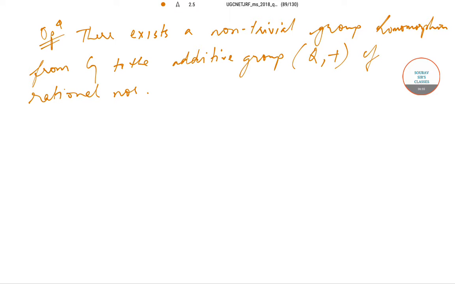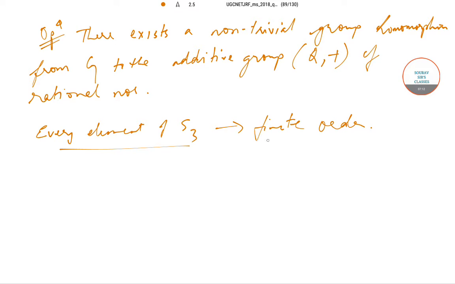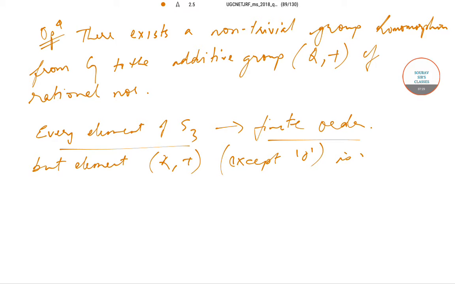So now we know that every element of S3 is of finite order, but every element of the group Q plus except the element 0 is of infinite order.